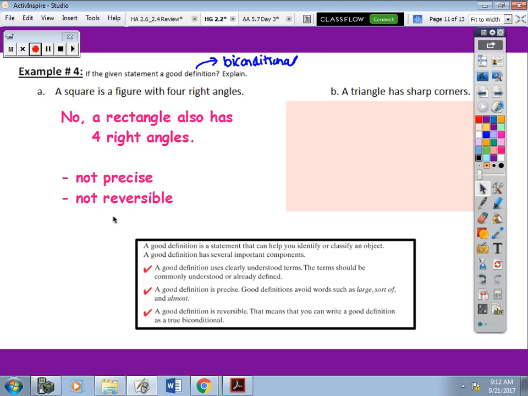And then the next one's almost comical. Do we think that's a good definition? This one would not be precise. It also has nothing to do with the fact that it has 3 sides, which is a triangle, but it's also not reversible.